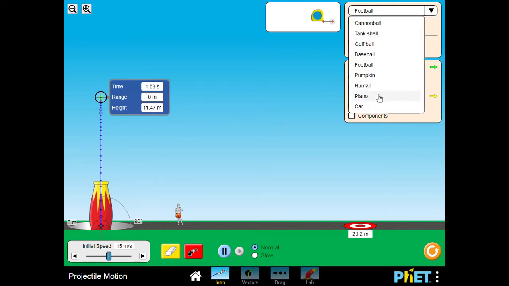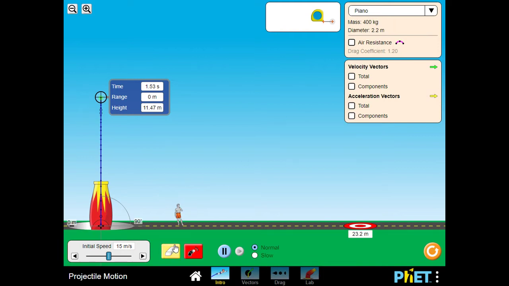Let's change again to a piano. The piano also reaches 11.47 meters with 50 meters per second, and the time to reach the maximum height is 1.53 seconds.